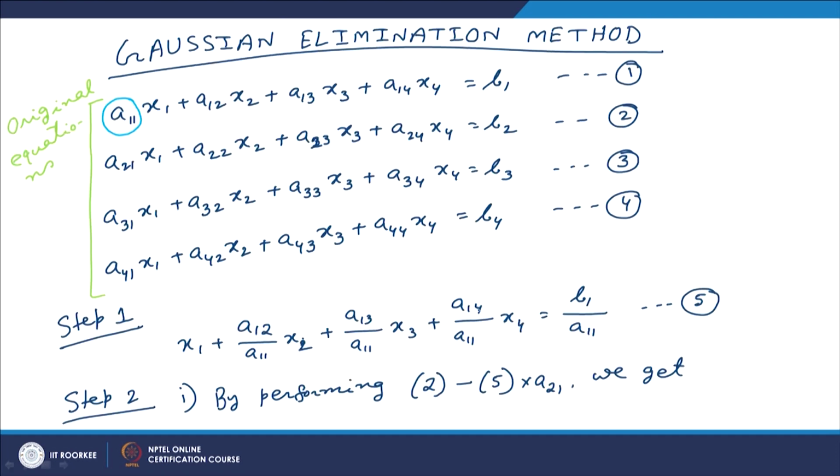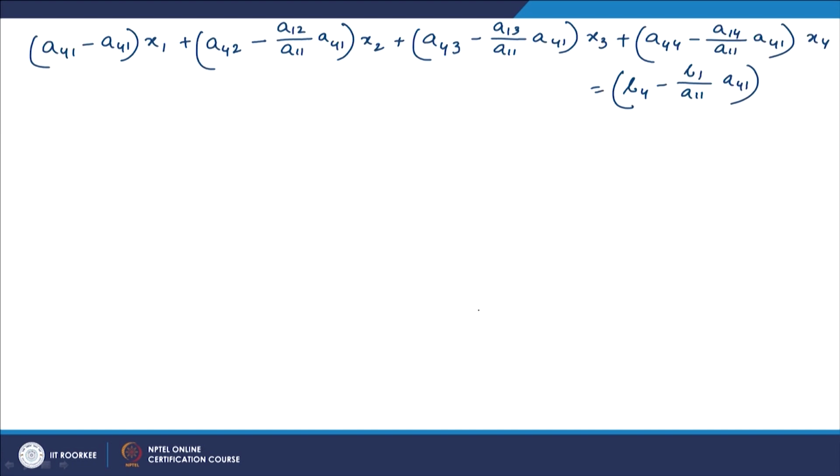So x1 is gone, and this can be written as A42 first updated x2, plus A43 first updated x3, plus A44 first updated x4, equal to the first updated B4. So, this is equation 8.